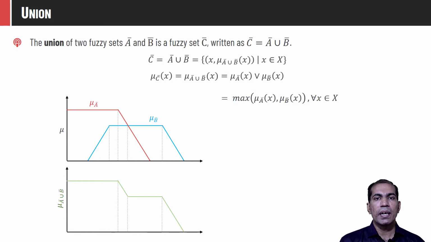Wherever set A bar and B bar have overlapping membership values, we should return the maximum membership value. For remaining elements, the membership value of element in set A bar is 0 and that is non-zero in set B bar, and hence it will return the membership value from set B bar. So bottom row indicates the final union operation.